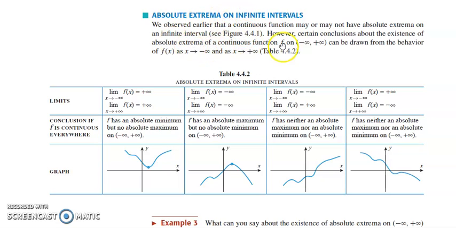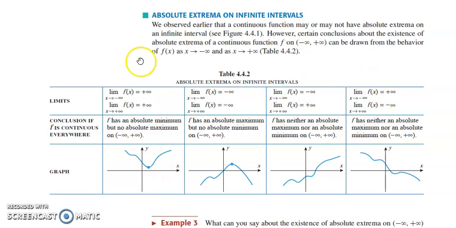We are going to investigate the absolute extrema of a continuous function defined on the interval minus infinity to infinity. Now for functions f defined on the interval minus infinity to infinity, we have these four different cases.